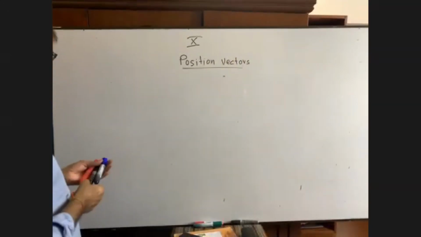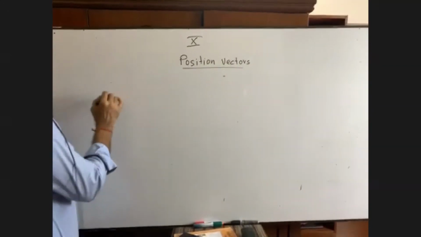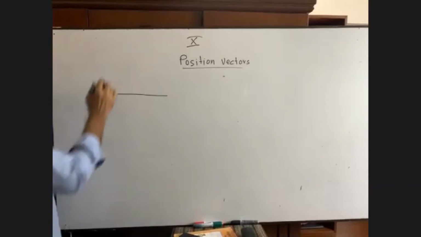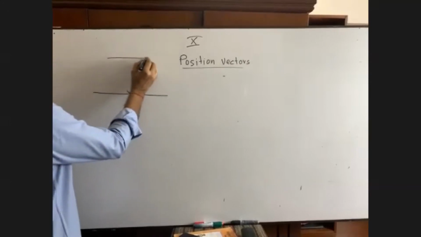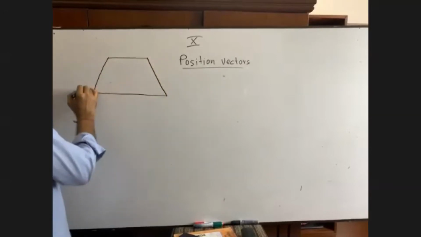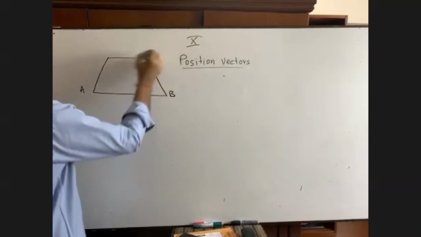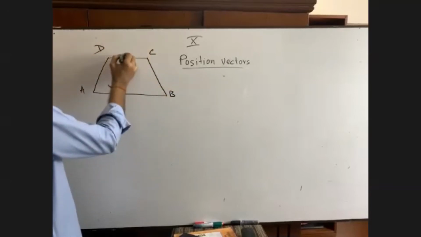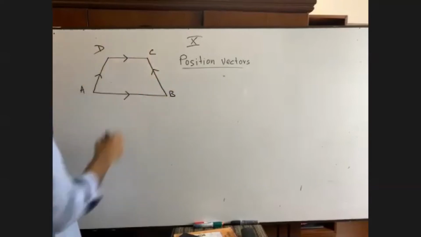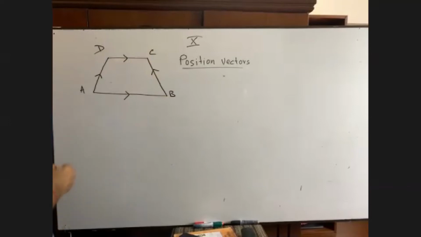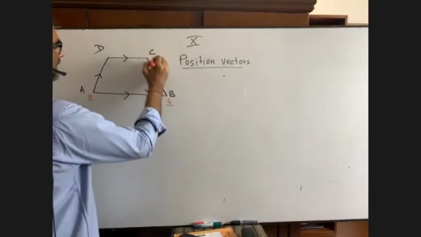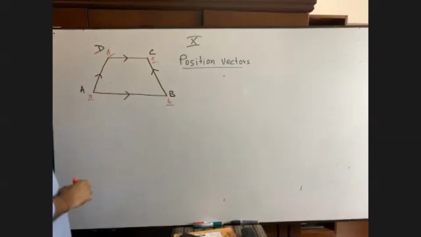Suppose now you are given like this, you try to understand. A trapezium you are given. ABCD, A, B, C, D, in this way, where the position vectors of A is A, B is B, C is C, and D is D. Right?